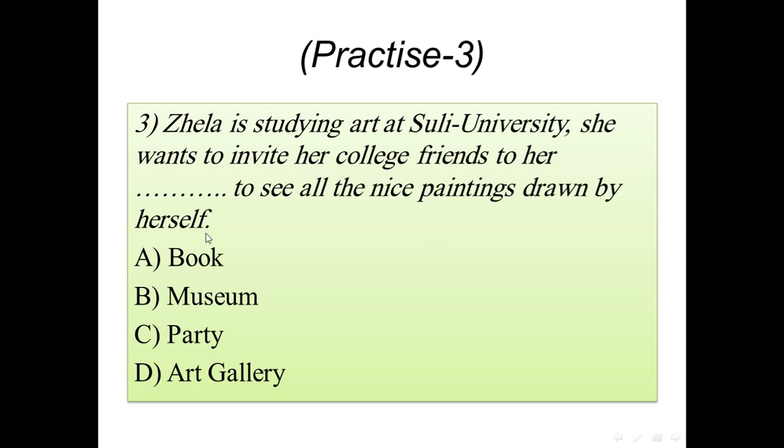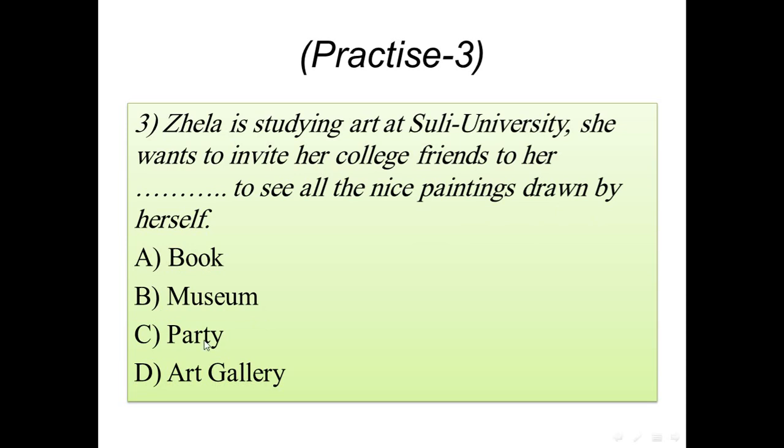Gila. So this is not a book, this is not a bookstore, and actually this is not a museum. It's right to say this is a place of some paintings, but actually a museum is a place of old things and old stuff that are left from our ancestors.